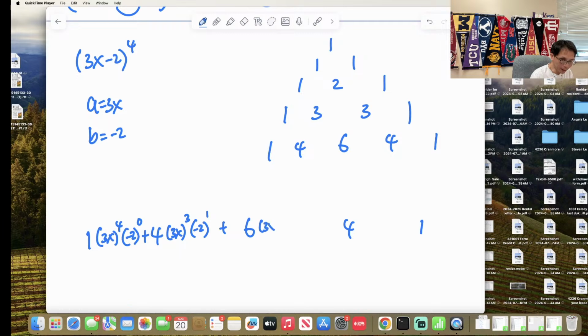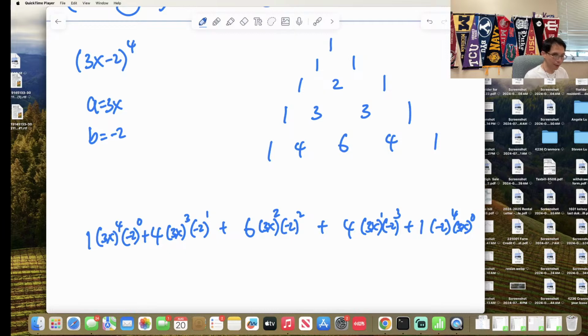And that's gonna be 3x to the second power, -2 to the second. One's gonna go up, one's gonna go down. Plus 3x to the first, -2 to the third. Plus -2 to the fourth power times 3x to the 0 power. I changed the order, sorry.